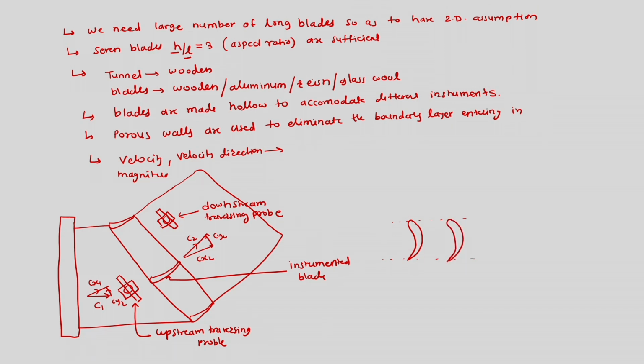In case of a turbine cascade, this would be the arrangement, and hence here this side of the blade profile is called the pressure surface, and this side is called the suction surface. The suction surface would have lower pressure than the pressure surface. So force would act from the pressure surface to the suction surface.